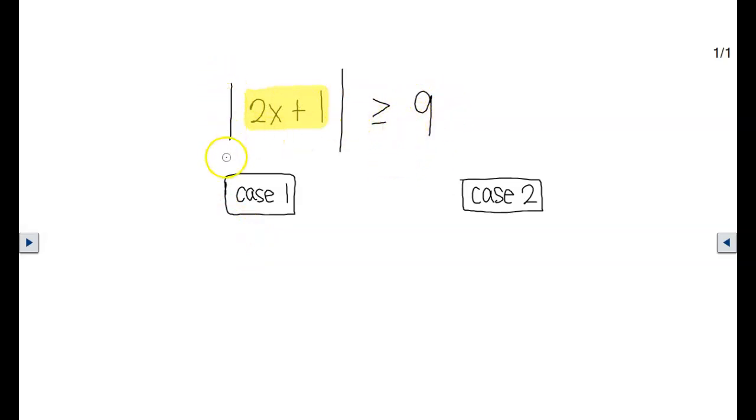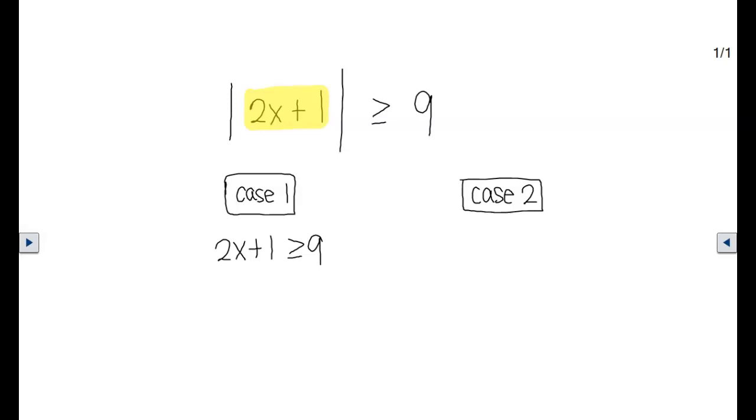The only thing that we do is we remove the absolute value bars. So instead of writing the absolute value of 2x plus 1 is greater than or equal to 9, we just write 2x plus 1 is greater than or equal to 9. Take the problem exactly as it is, but do remove those absolute value bars.